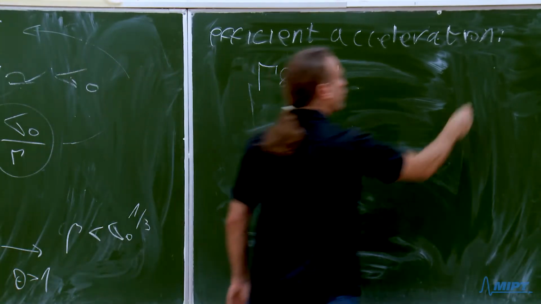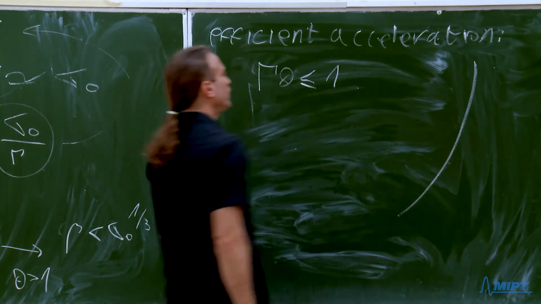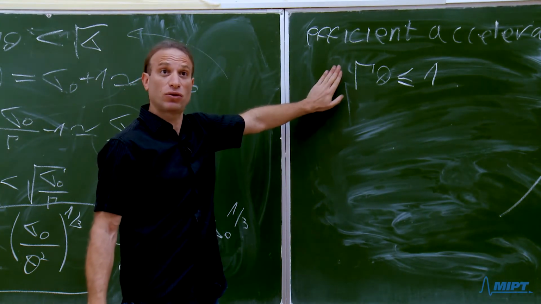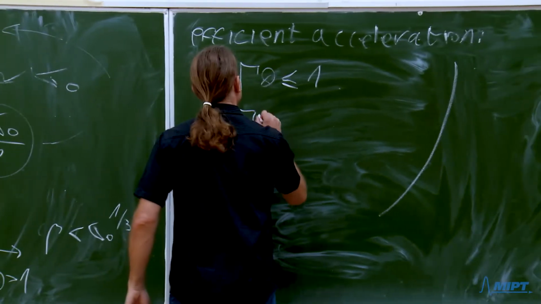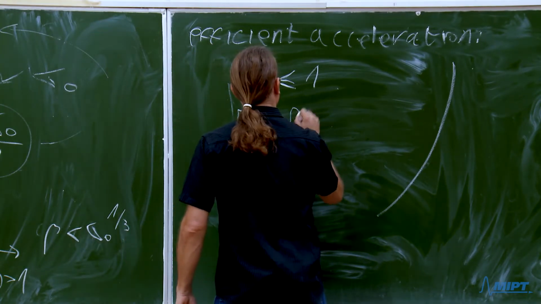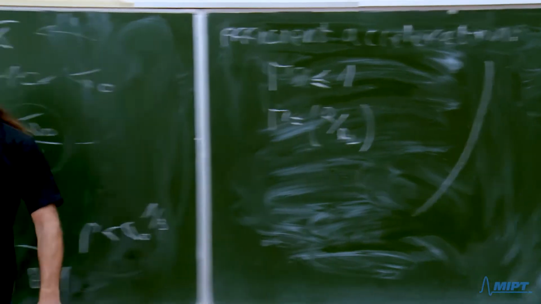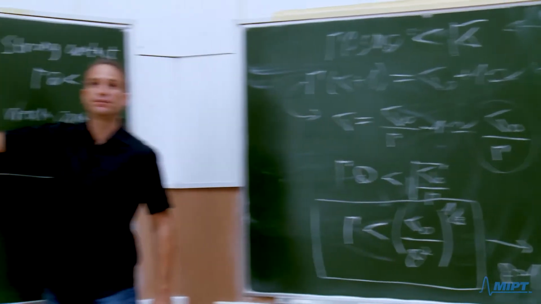So let's draw a curve here. And in this case, I'm accelerating efficiently. So if I'm accelerating efficiently, gamma is equal to R divided by RL. Efficient acceleration, first regime.